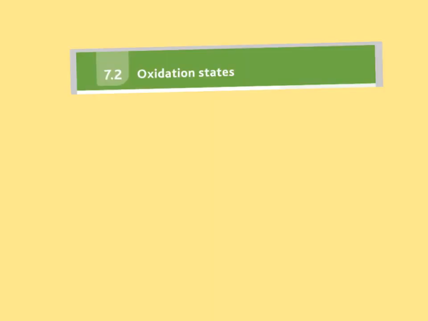We're now going to look at the concept of oxidation states, in some textbooks also known as oxidation numbers. So don't be confused if you see the two. Oxidation states is interconvertible with oxidation number.